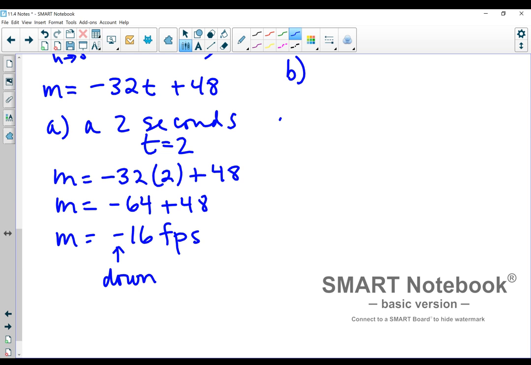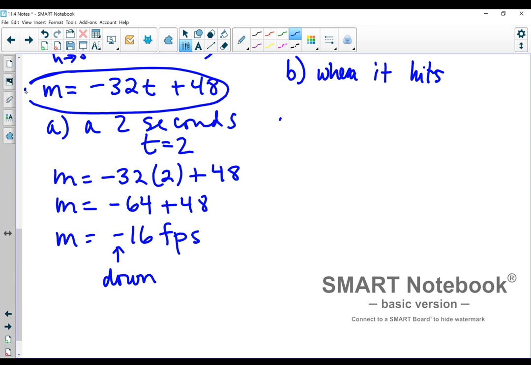So part B, they want when it hits the ground. The problem is I have this great expression, negative 32t plus 48, but I don't know the time when it hits the ground. So I'm going to have to solve for that. So when I hit the ground, I know that my height is going to equal 0.